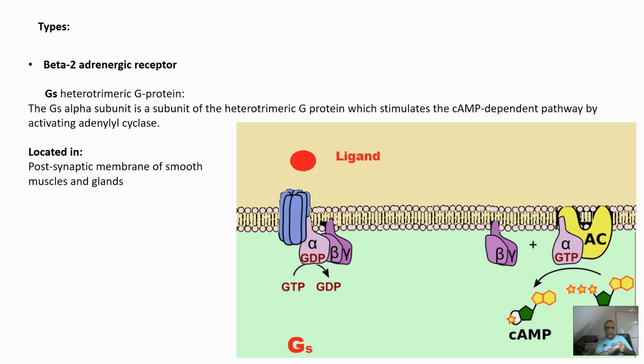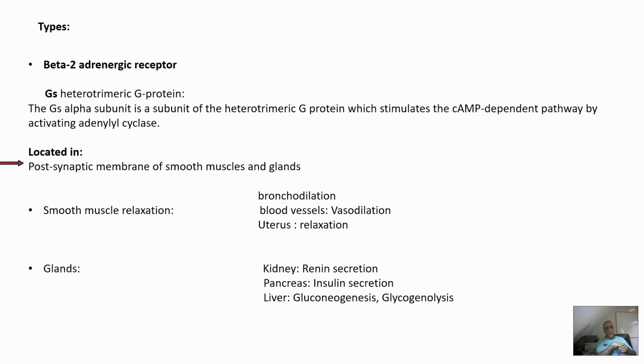The alpha subunit binds to adenylyl cyclase and activates it, and then adenylyl cyclase converts ATP to cAMP. The location is the postsynaptic membrane of smooth muscle and glands, not the heart. It causes smooth muscle relaxation: mainly in the lung, bronchodilation, in blood vessels, vasodilation, and the uterus can also relax.